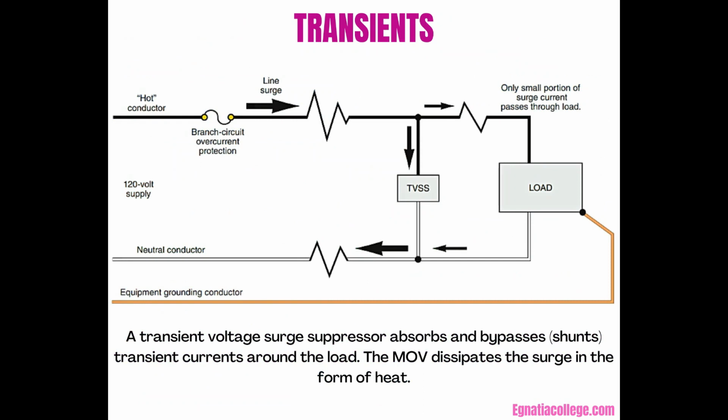Transients. Transients are generally grouped into 2 categories. Ring wave transients originate within the building and are caused by welders, elevators, photocopiers, motors, air conditioners, or other inductive loads.